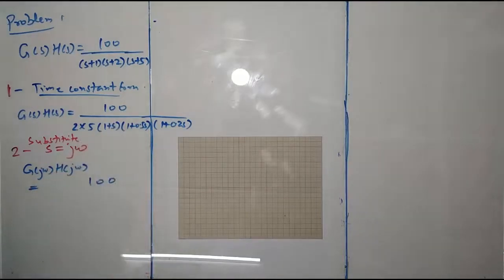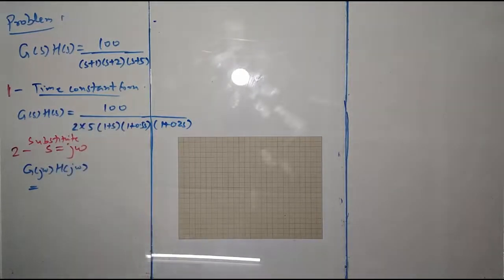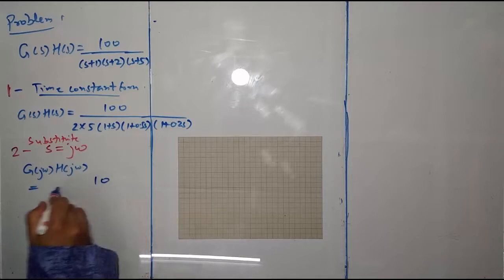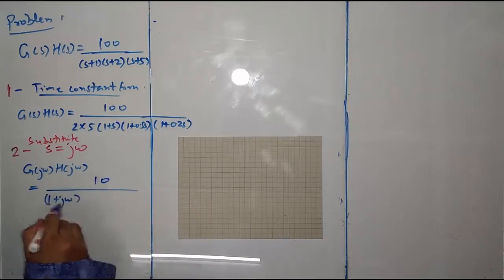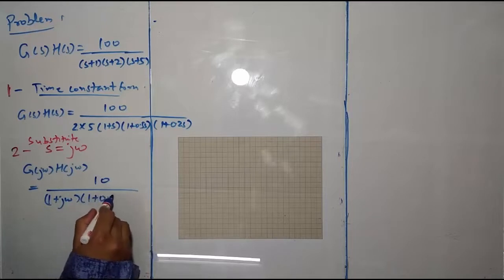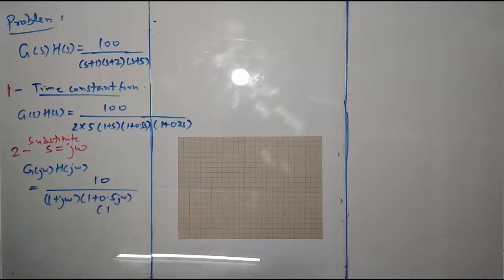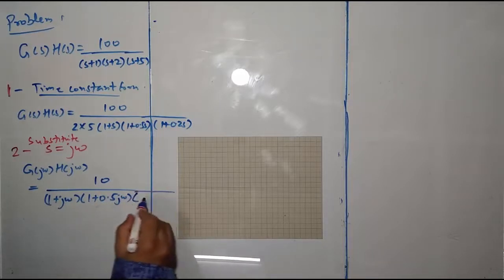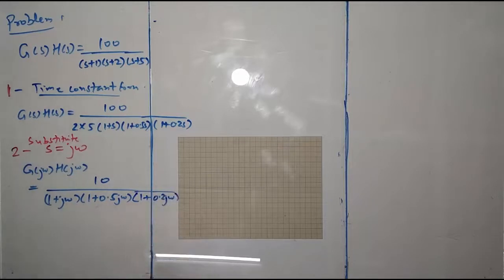Simplifying further, this is 10 divided by (1+j omega)(1+0.5 j omega)(1+0.2 j omega). So you got this frequency function.